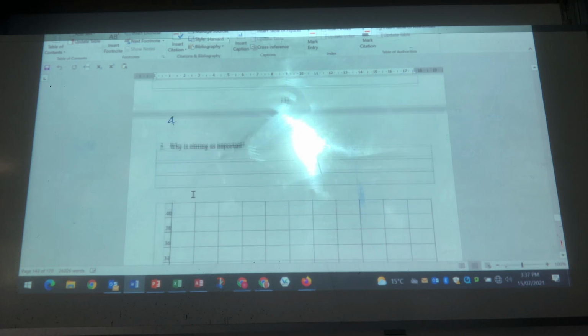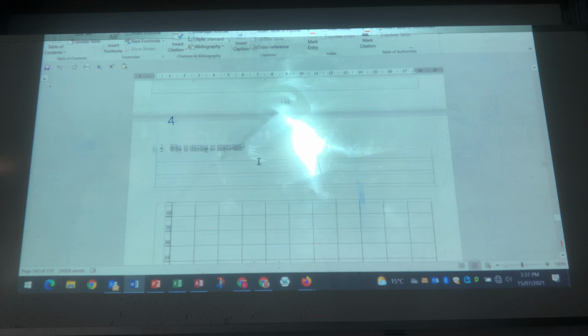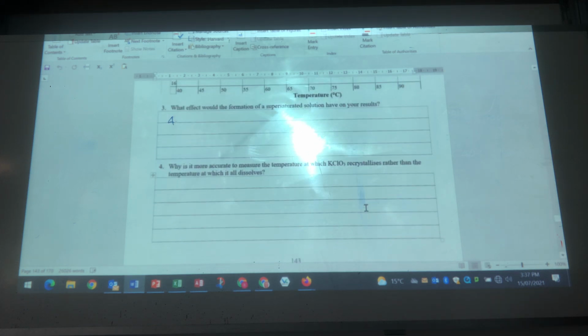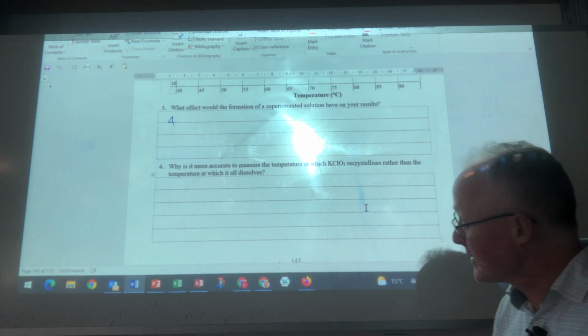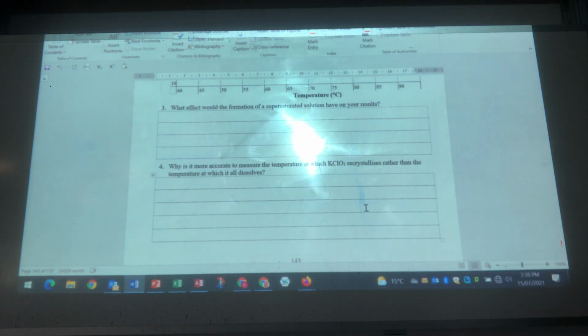Question 2, of course, stirring is important. We need to be having the exact temperature of the solution. So having a well-mixed solution means that the temperature is uniform throughout. Now, a supersaturated solution occurs if you aren't stirring it as it cools down, and if you've got an absolutely wonderful source of distilled water, there's no nuclei for crystallisation to occur.